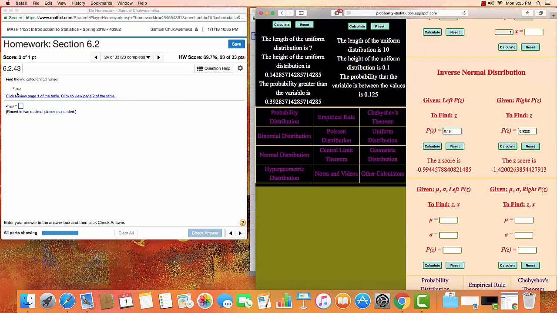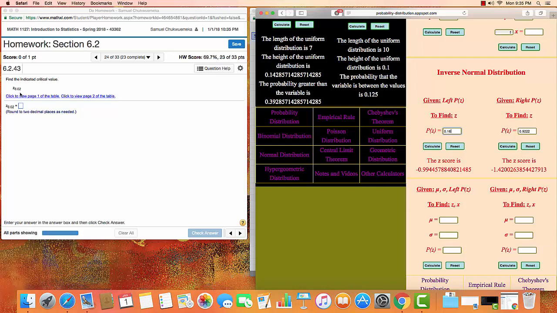They want us to find the z-score. This means the area to the right, whereby the area to the right is 0.02. That is actually what it means. We'll talk more on critical values when we do estimating population parameters.